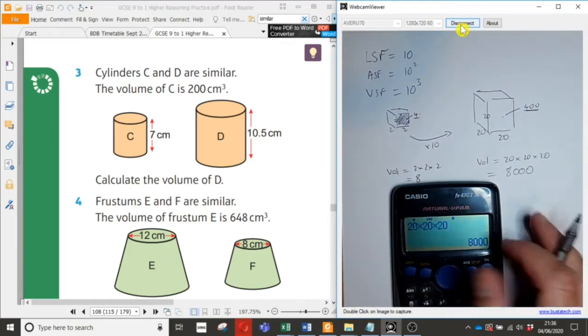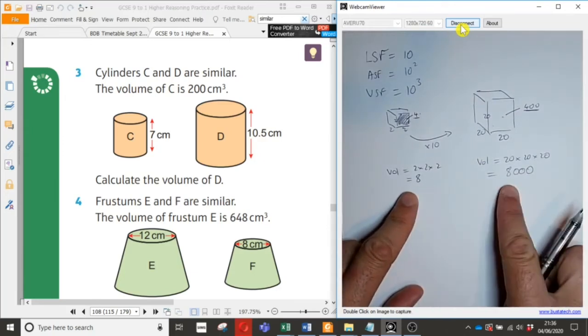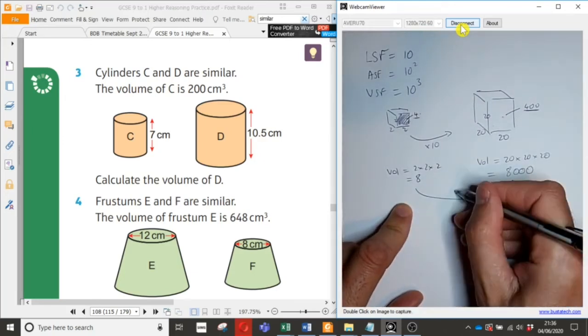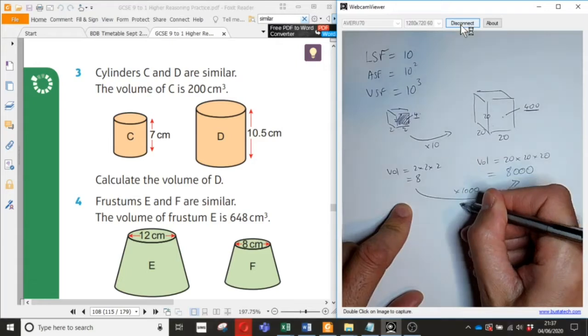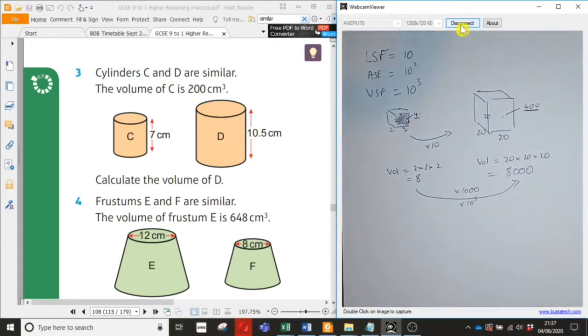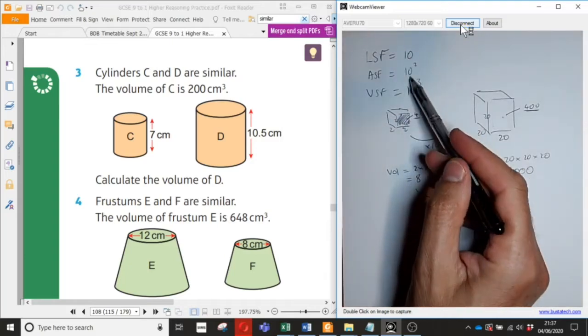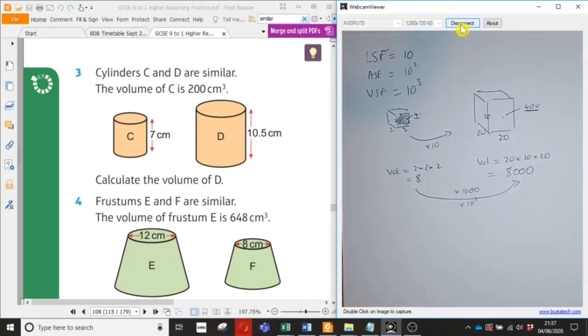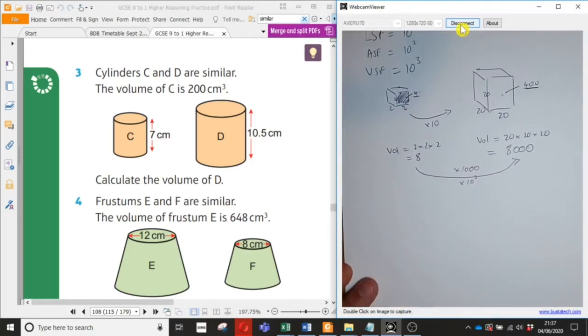There it is, 8,000. See how the volume has changed. To get from there to there, you multiply by 1,000, and 1,000 is the same as 10 cubed. I haven't proved it's true, but hopefully you're now convinced about the link between the scale factors, even if you weren't already.